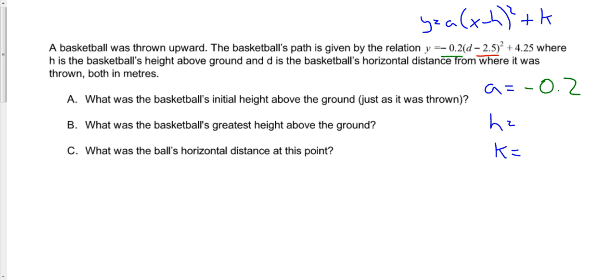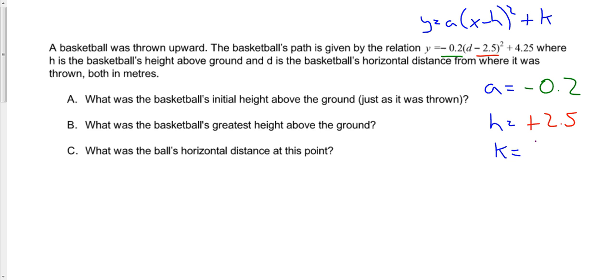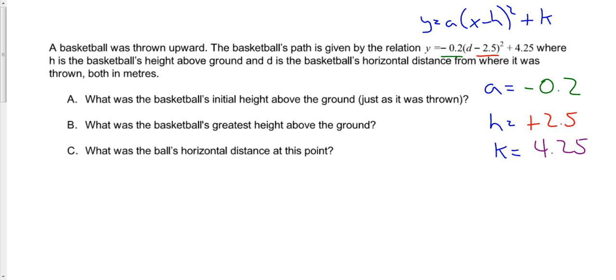However, here we've got negative 2.5, so our h value is positive 2.5. Finally, the last thing we'll record is that we have a k value equal to 4.25. Those three pieces of information are going to be really important as we figure out the answers to parts A, B, and C.